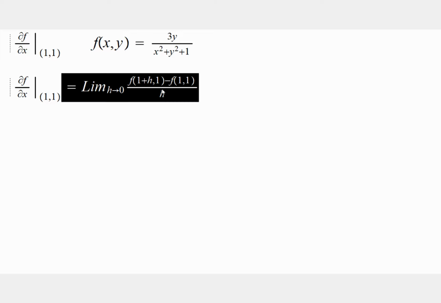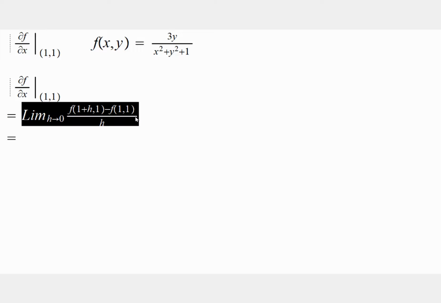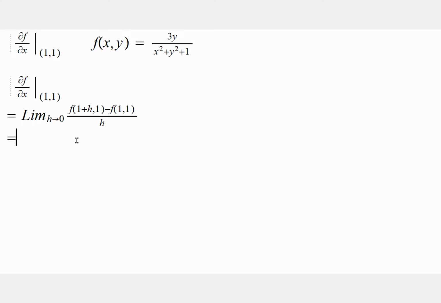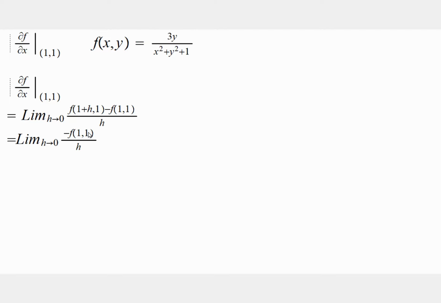So what happens when we take it like this? Let me just put it below here. All we have to do is substitute 1 plus h for x and 1 for y in this quantity. So we got a 1 here, right?